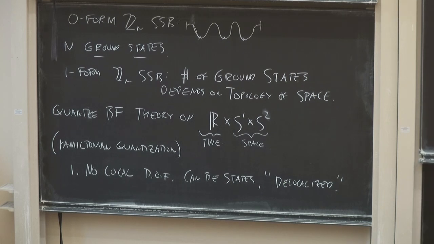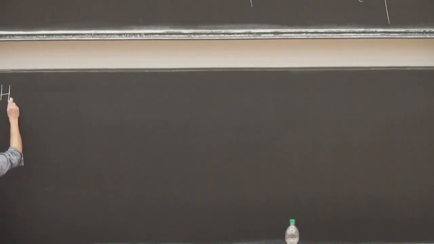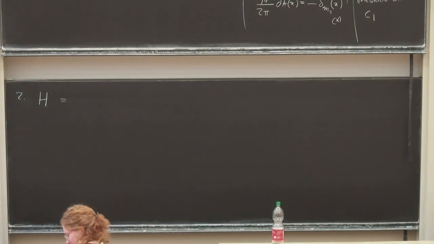Next. You can work out the Hamiltonian by working out the canonical momenta and doing H equals pi x dot minus L, where that's the Lagrangian. If you do that, what you find is that H is 0.